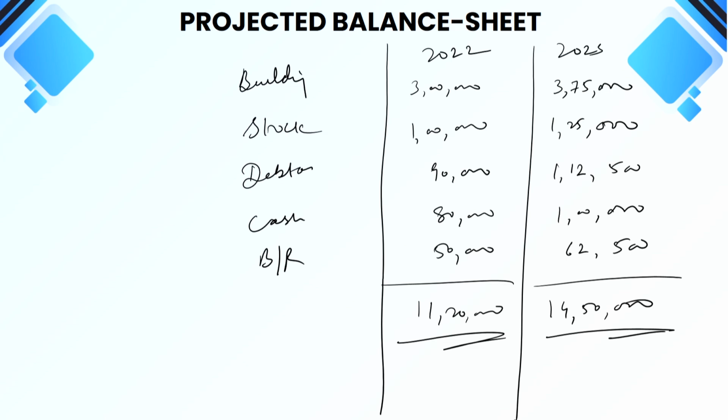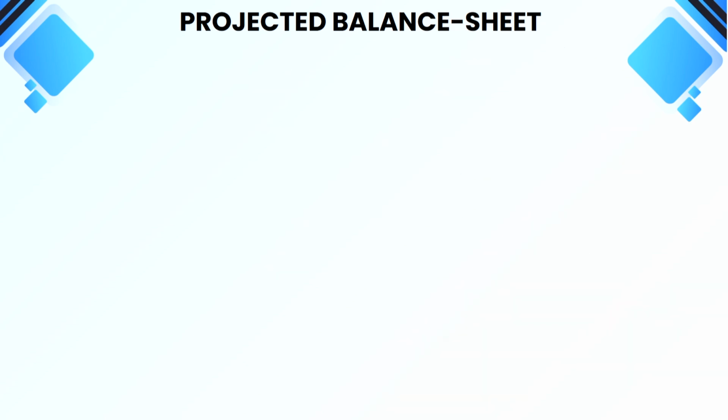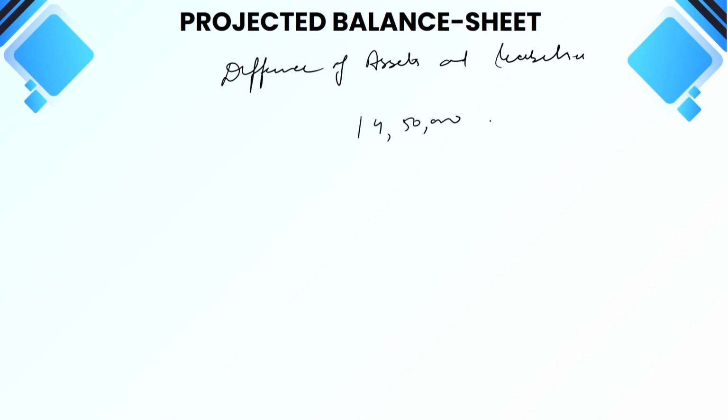Again, you can see the difference between the assets and liabilities totals. So we will resolve the same thing by using the difference of assets and liabilities, which is 14,50,000 total of the assets and 13,64,687 rupees 50 paisa for the liabilities.